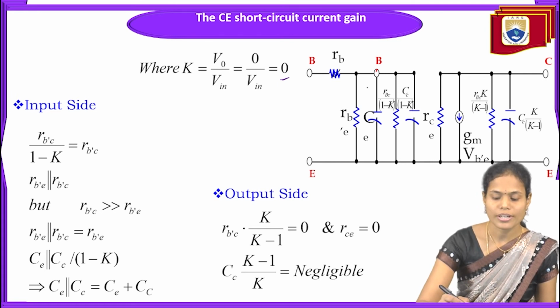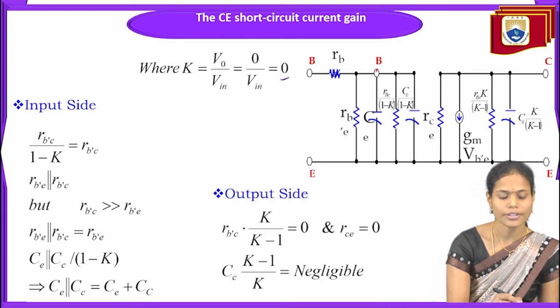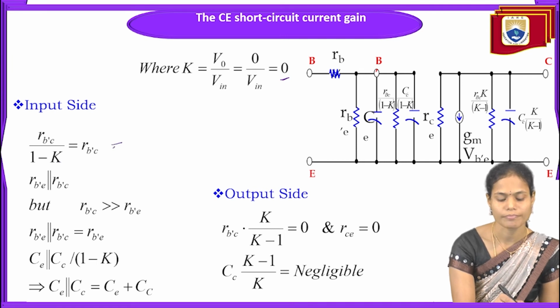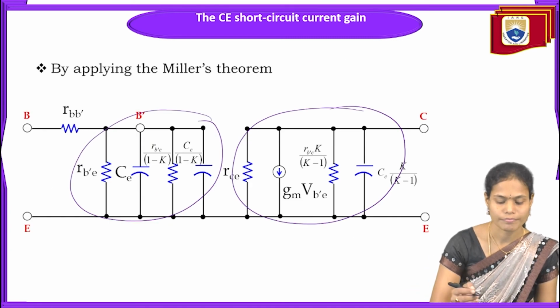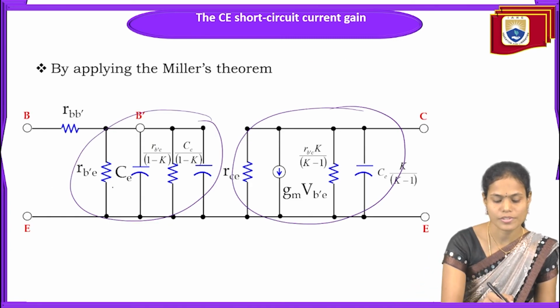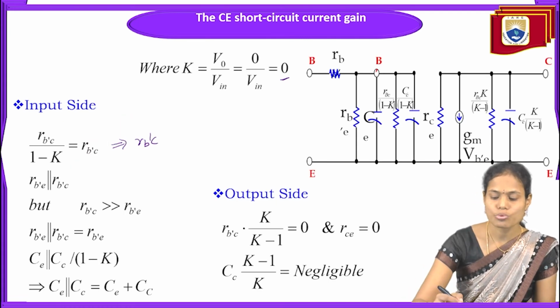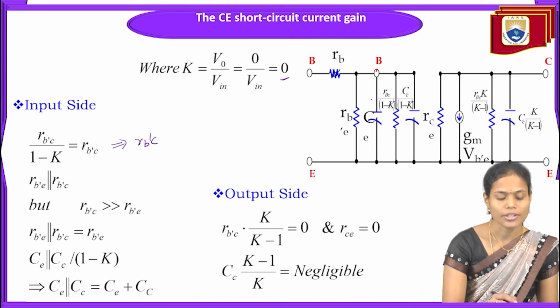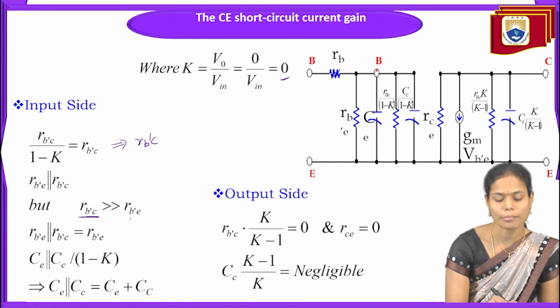Okay. So on the input side, what are the resistances we are having here? RB dash C divided by 1 minus K. That is, we are taking it as RB dash C only, because K value is 0 here. And the next two resistances are RB dash E parallel with RB dash C. But here the RB dash C resistance is very high compared to the RB dash E resistance.